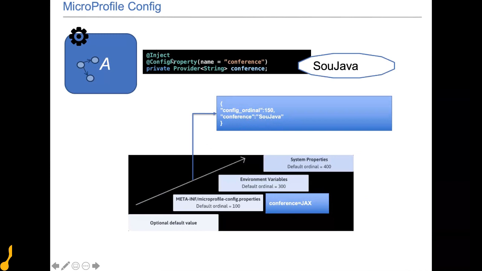Then in my microservice, I directly inject conference with Provider and String. Because this custom config source has ordinal 150, and the properties file has ordinal 100, this one will win. So when I run my microservice, the value of the conference will be SouJava instead of JAX.